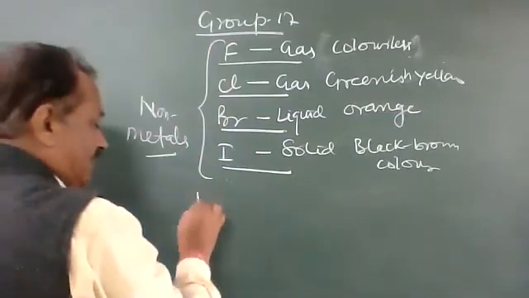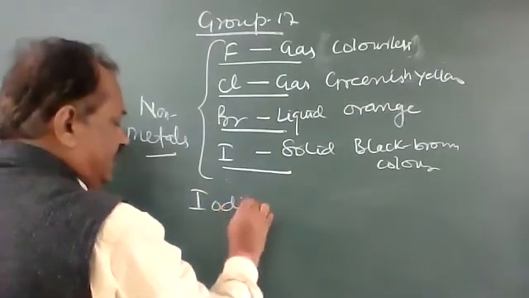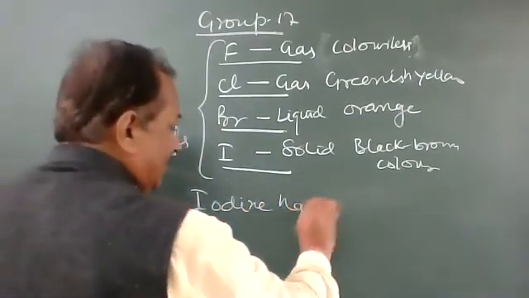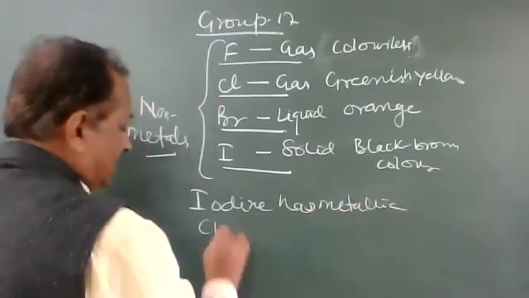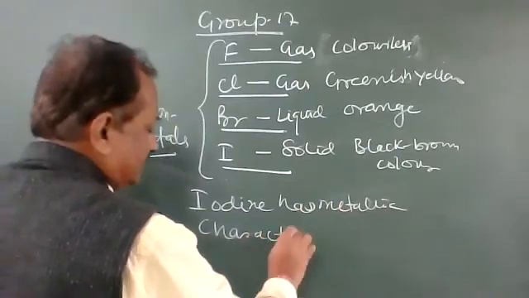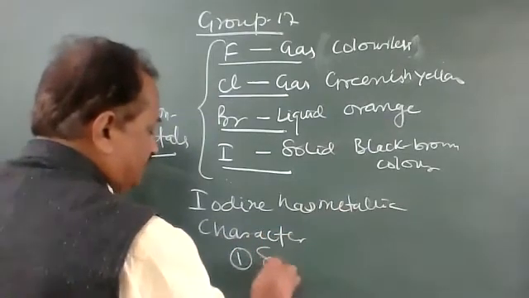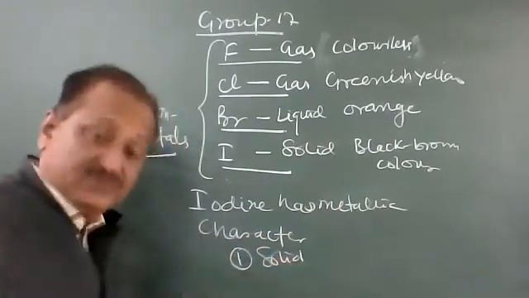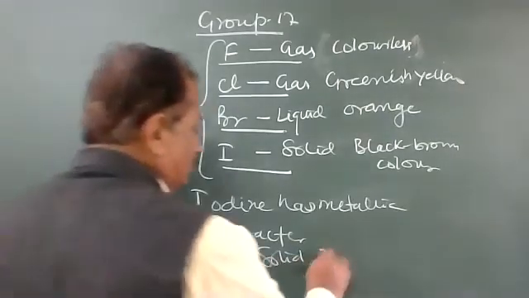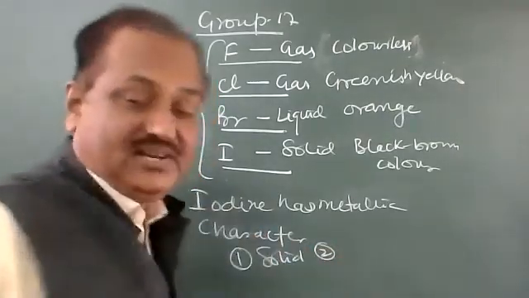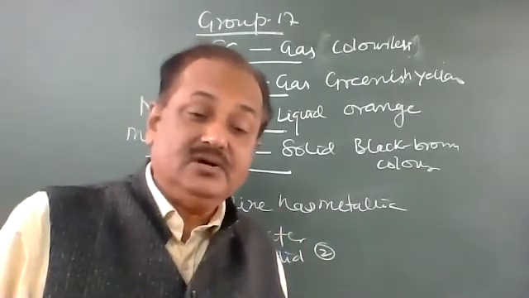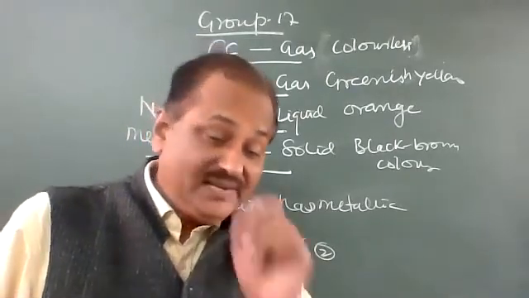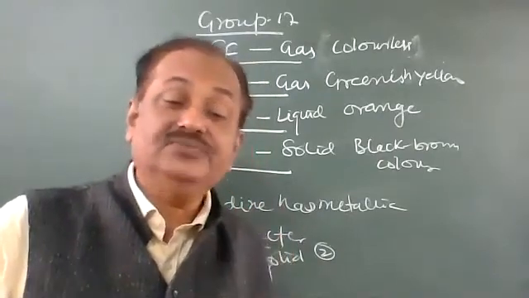But iodine has metallic character. Number one, it is solid. Number two, it has luster. If you take a solid piece of iodine, it has a little amount of luster.